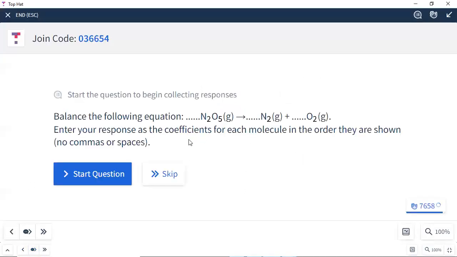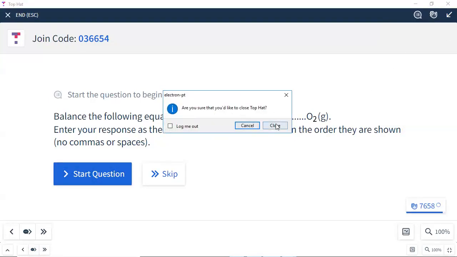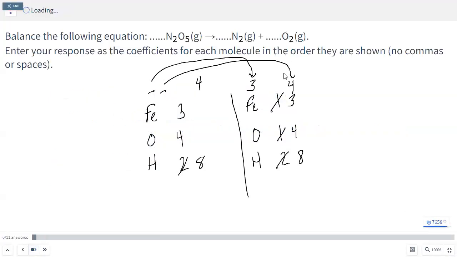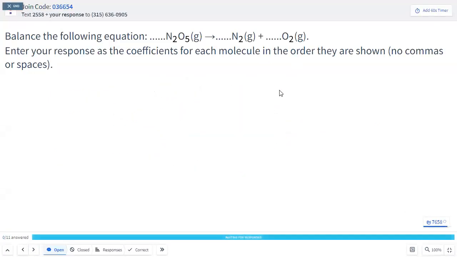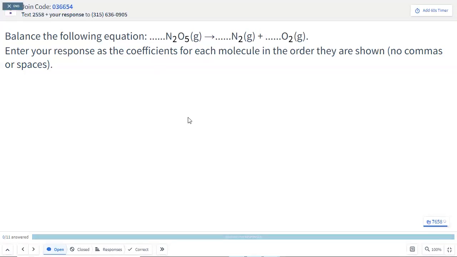All right, I'm going to let you try one here now. We've got the equation, dinitrogen pentoxide decomposing into nitrogen and oxygen.